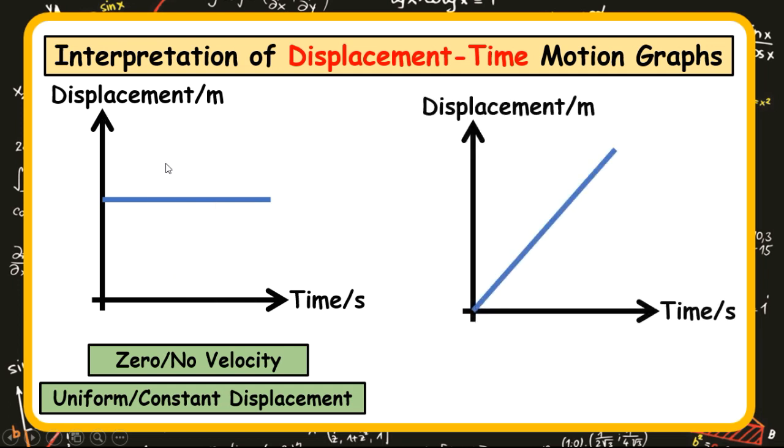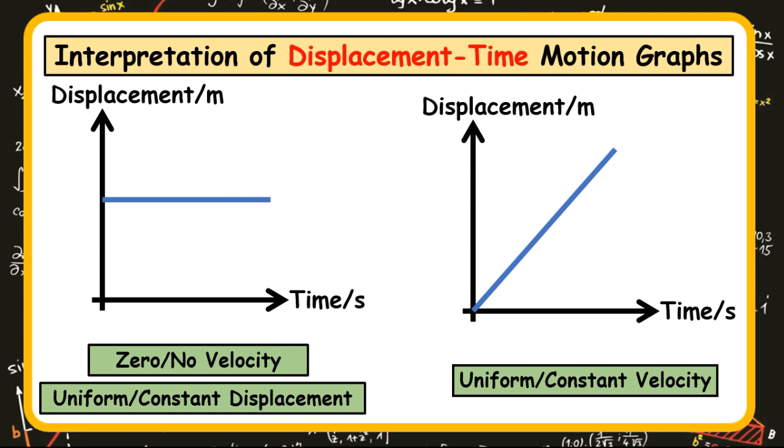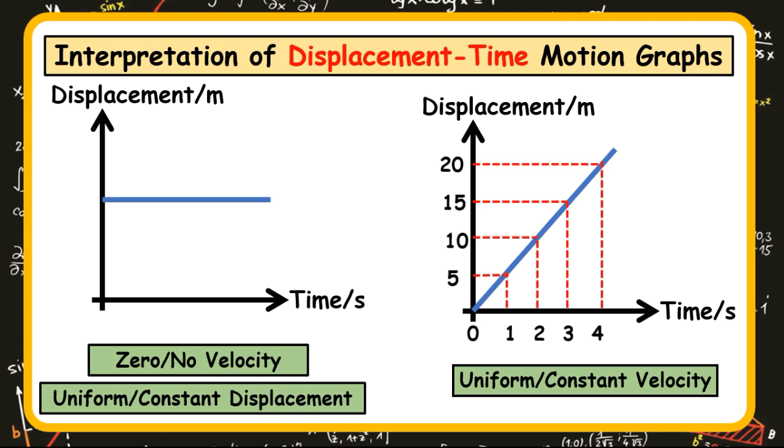So there is no velocity here, but there is a constant displacement. If you pick the second one, this increases steadily. This graph will be called uniform or constant velocity because when given values, an increase in the time from 0 to 1 second increases the displacement from 0 to 5 meters, 2 seconds, 10 meters, 3 seconds, 15 meters, 4 seconds, 20 meters.